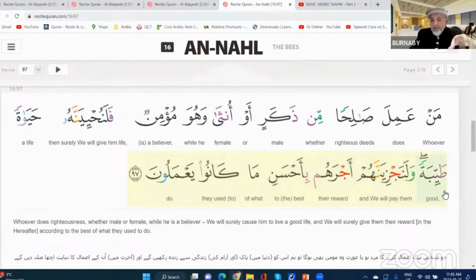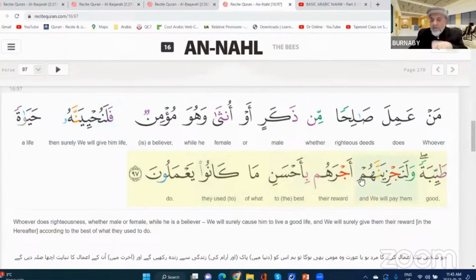So even Allah subhanahu wa ta'ala is reminding us and giving us the reassurance that whoever does the righteous deed, whatever that might be, whether male or female, provided they are a believer, then we will give them a happy life or a good life in this dunya.